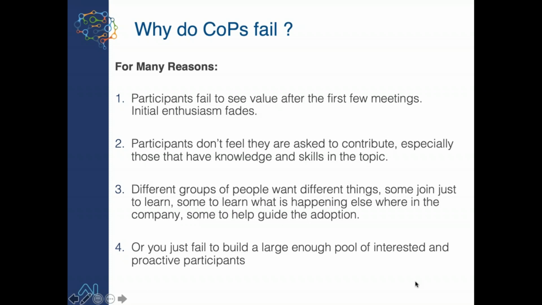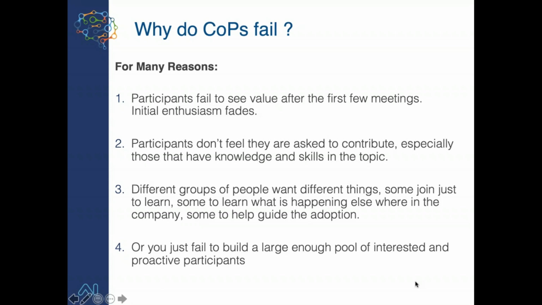The other key thing to acknowledge with these communities of practice is that people join for different reasons. So some people will know nothing about the technology and just want to join and listen to hear what people are saying about it, and absorb the knowledge that's being shared within the community of practice.